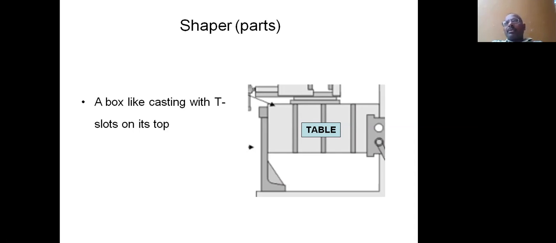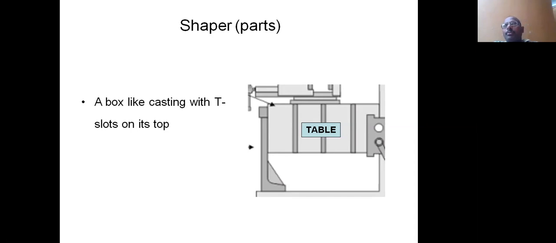How is this table a part of a shaper? As we observe, it is similar to a box. That means the internal portion has a maximum cavity. It has T slots on the top portion.